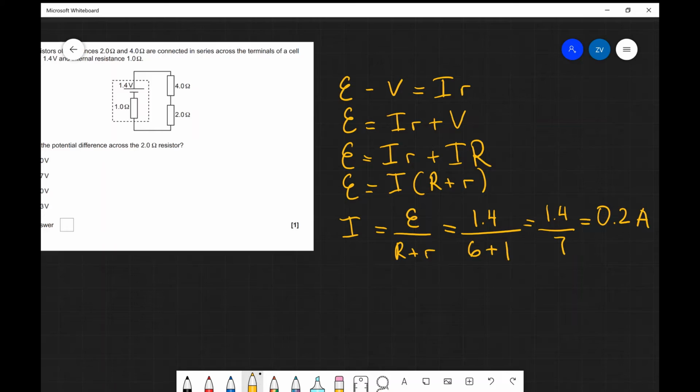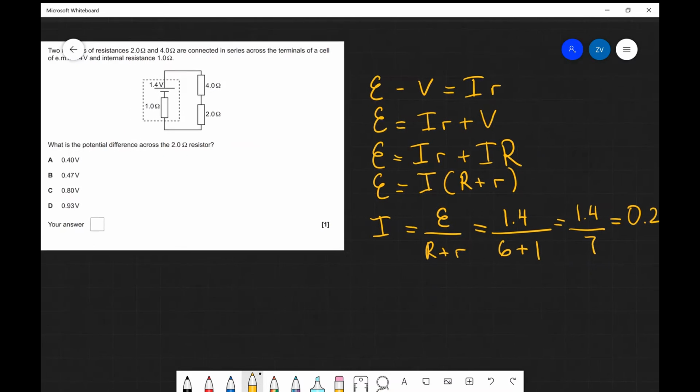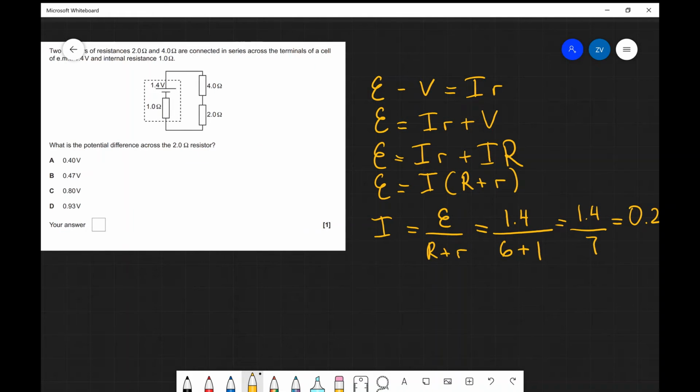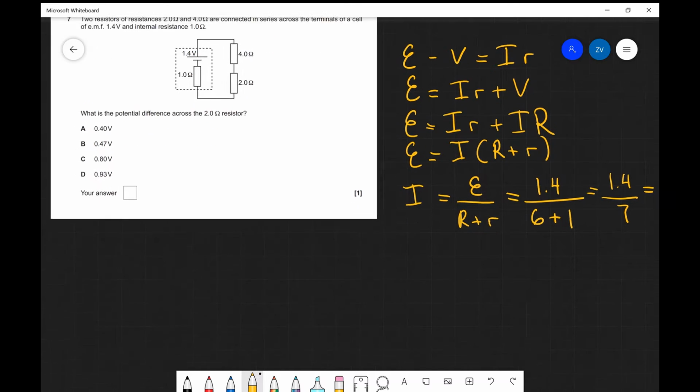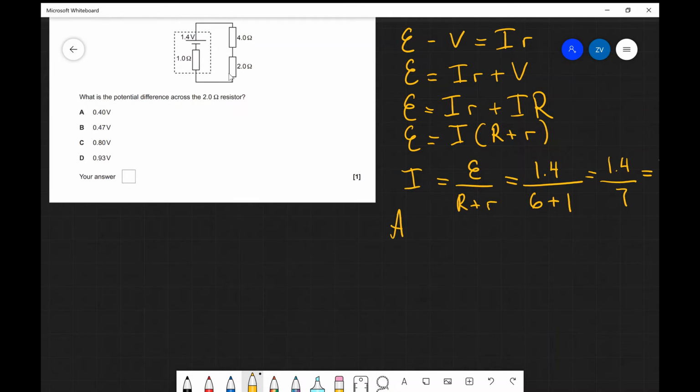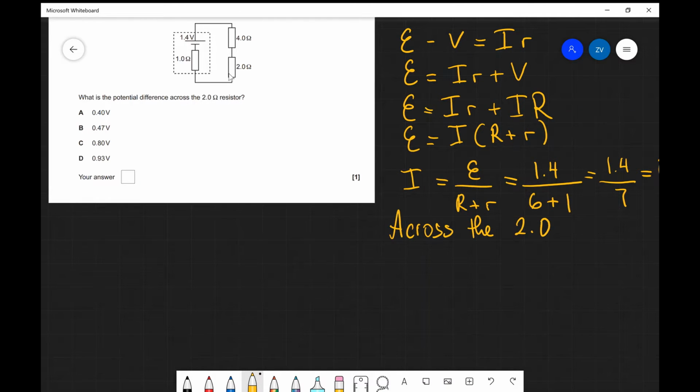We have the current in this series circuit, so we're in business to find the potential difference across the 2 ohm resistor. We have the current and the resistance of that resistor, so we can apply Ohm's law across the 2.0 ohm resistor. Remember, when you're solving a multiple choice question in an exam situation, don't go into as much detail.